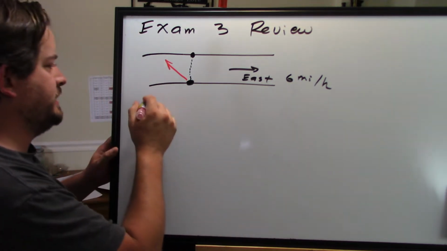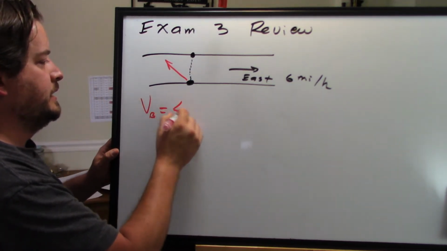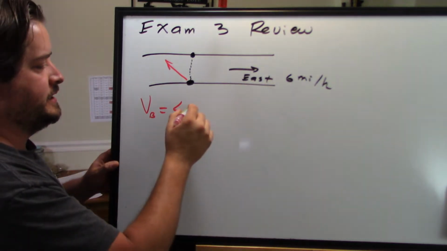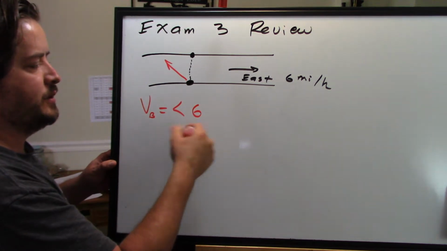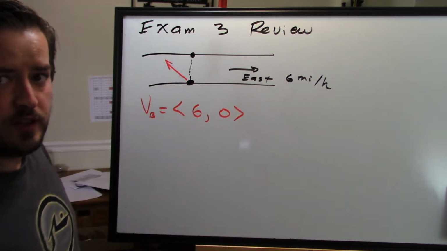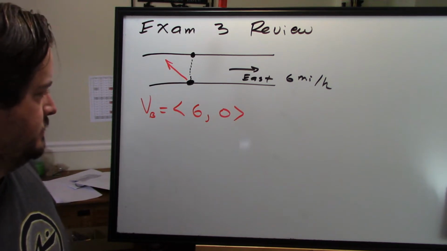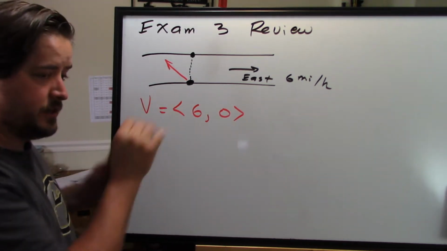So we can express a couple of things here. Since the river is going east, I'm going to call east the positive x direction. It's going 6 miles per hour east and 0 miles per hour north or west. Oh, no, that's not the velocity of the boat. That's the velocity of the water. Sorry.